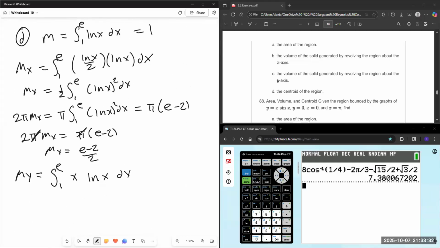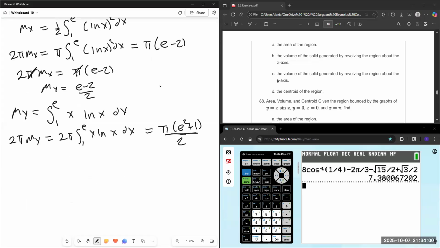So 2 pi my is equal to 2 pi times the integral from 1 to e of x ln of x dx, which was equal to pi times e squared plus 1 over 2.